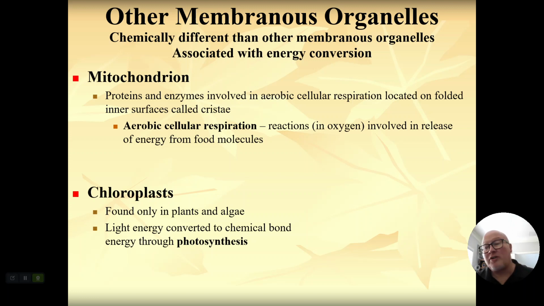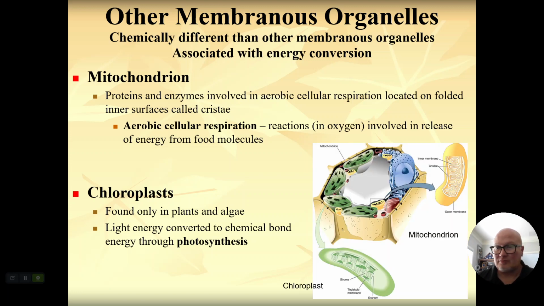Chloroplasts, on the other hand, are only found in plant cells and things like photosynthetic algae. Mitochondria are found in all eukaryotic cells. Chloroplasts allow a plant to make use of energy from the sun to produce glucose, and they are definitely membrane bound.